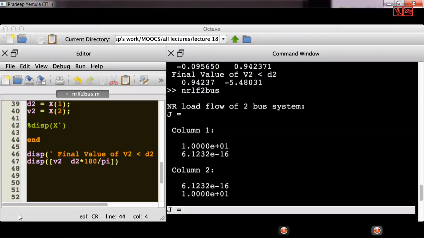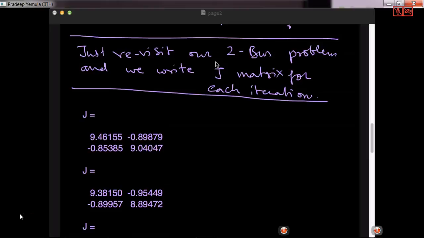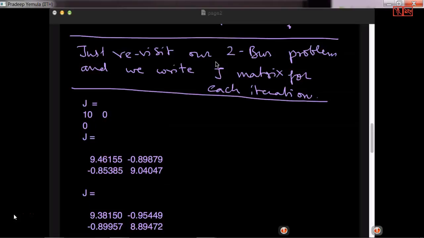That means this is actually 10. E to the power of minus 16 practically is 0, and this one is 0, and then this is 10. So let me write these values back here. I got the values, so I'll just write this value. So the initial value of J, the first iteration, 10, 0, and then 0 and 10.